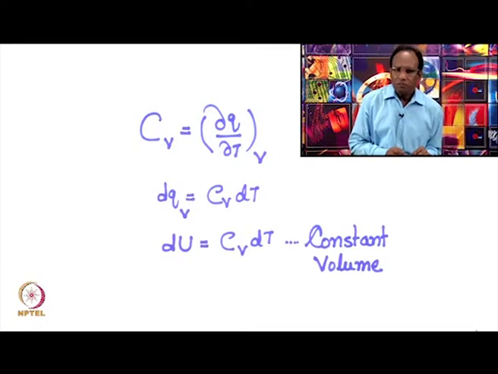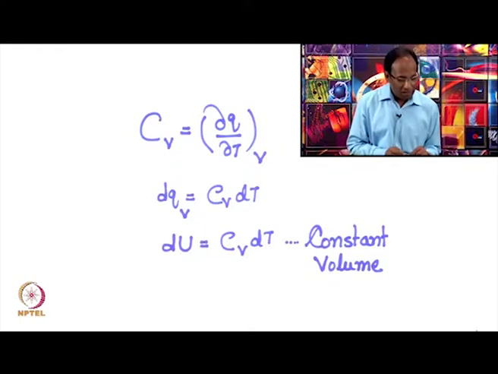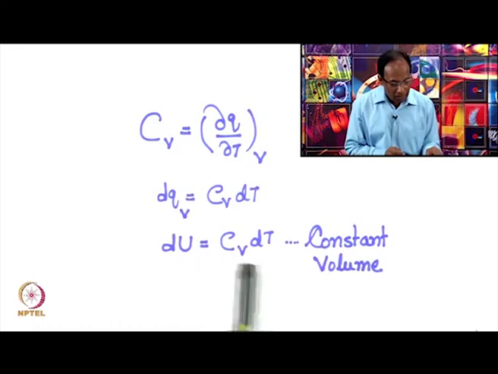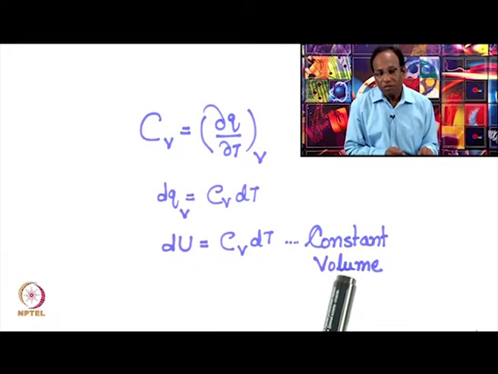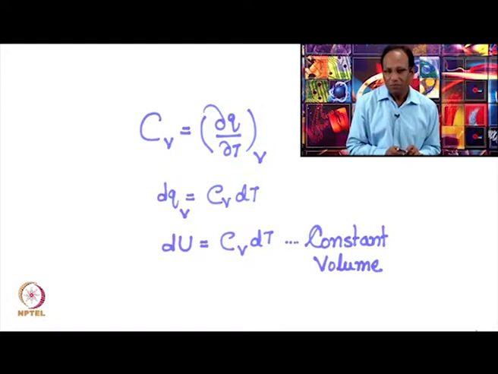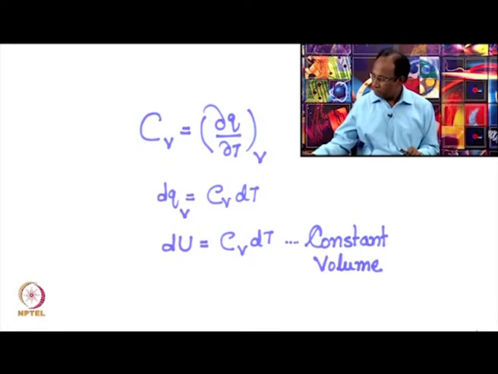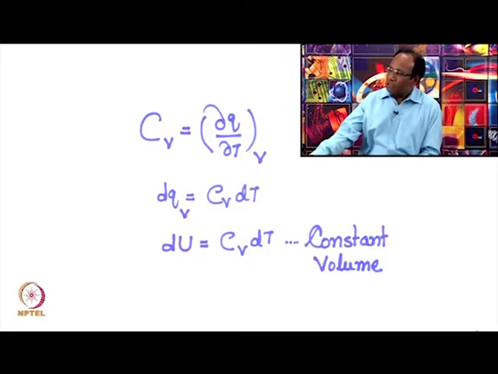However, as we will show later on, for a perfect gas, for an ideal gas, this equation always applies irrespective of whether the volume is held constant or not. That we will discuss later. Let us take a look at the slide.